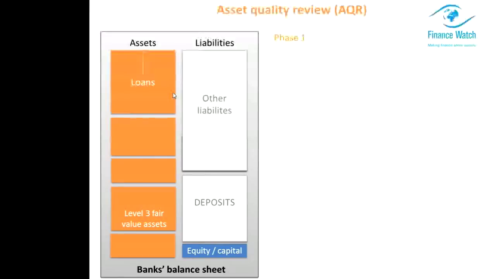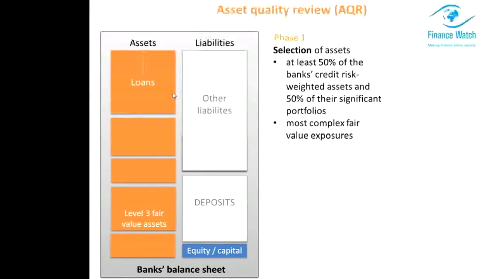But coming back to the procedure. Phase 1 for the loans was creating so-called loan tapes, so choosing the sample of loans. The sample should cover 50% of banks' credit risk-weighted assets, and as far as level 3 fair value exposures are concerned, the most complex ones are taken into account.